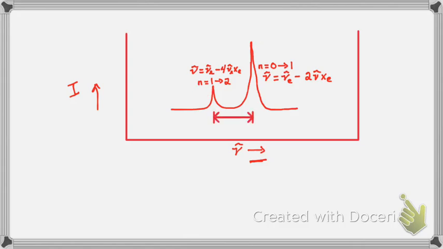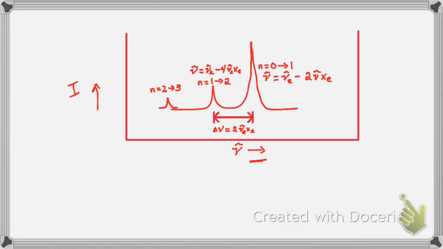Now, an important thing to note is the spacing between these two lines. If you take the wave number values for each of these particular lines, and you take the difference between the two, we're going to note that the difference between the two is equal to 2 nu e xe. And that actually will always be the case if we were to add to this, for example, a transition corresponding to n equals 2 to 3, which would be at even lower frequency, and of course the intensity would be even lower, as we noted before.